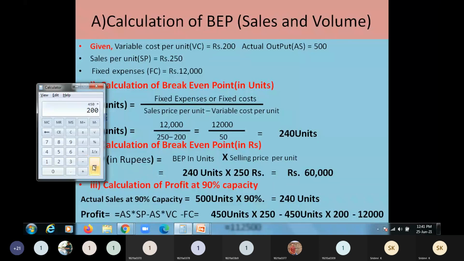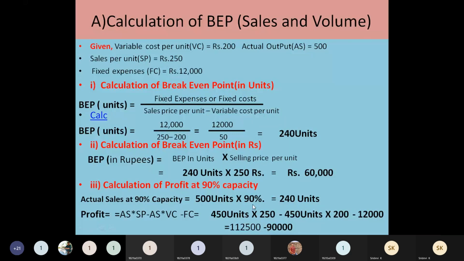So minus 90,000, and the fixed cost is minus 12,000. No calculation is needed for that. So what is the end result?